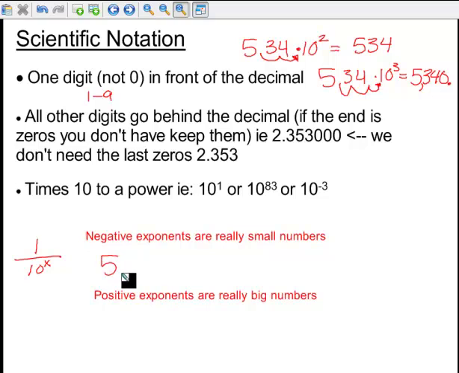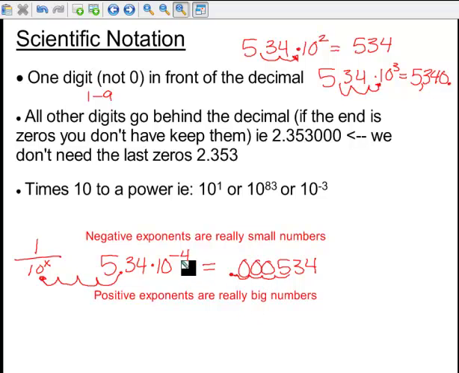If I take 5.34 times 10 to the negative 4th power, that would mean I move my decimal 4 places to the left. 1, 2, 3, 4. So that means I have to add 3 zeros. So it's going to be 0.000534.